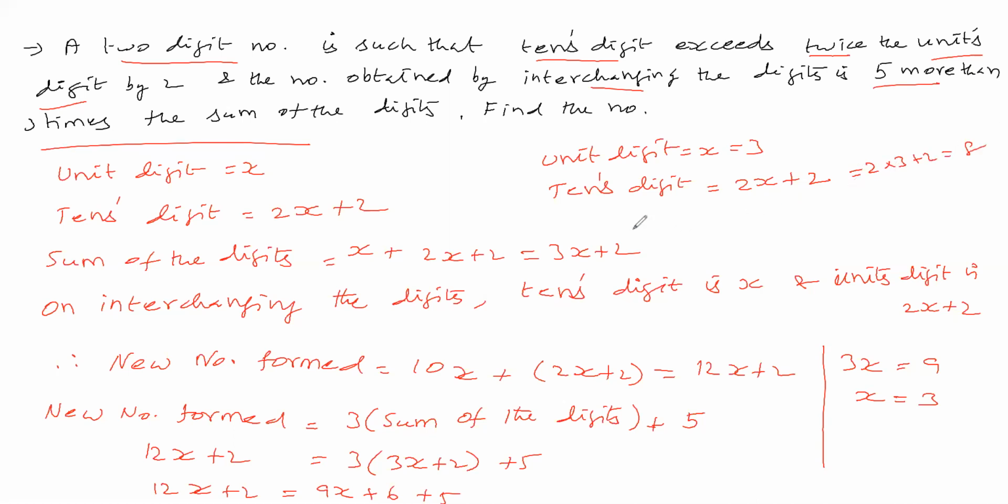Therefore, the required number is 83. Tens digit is 8, unit digit is 3. Okay. Next question we'll take.